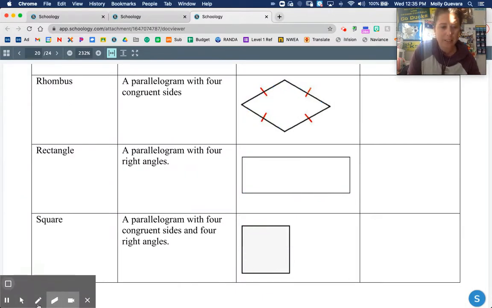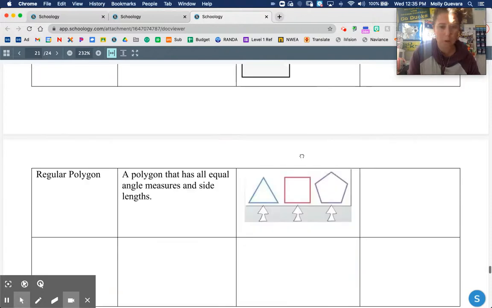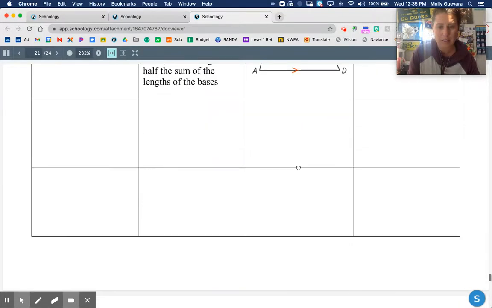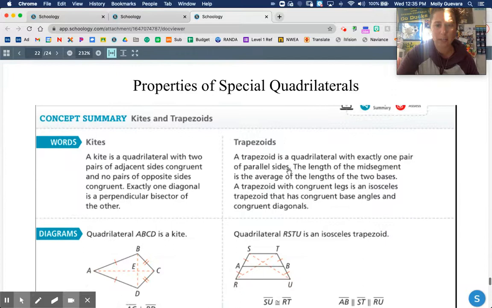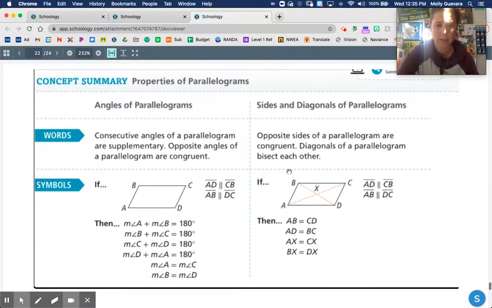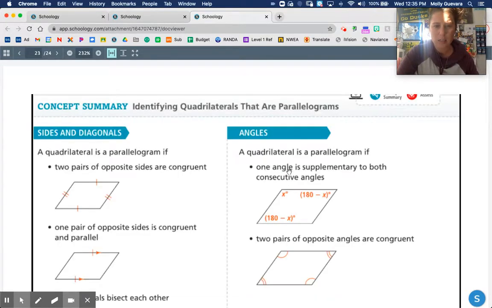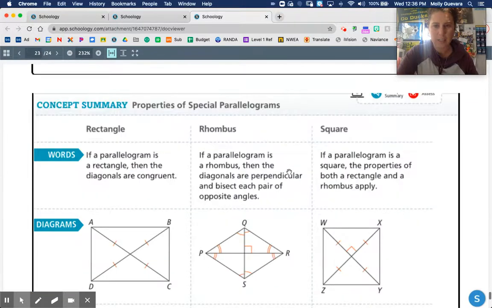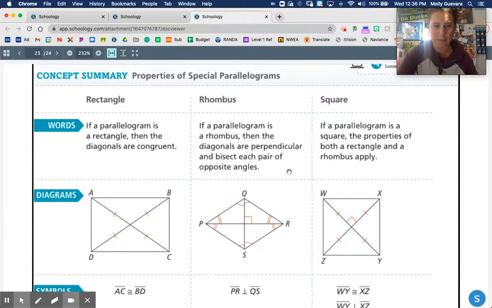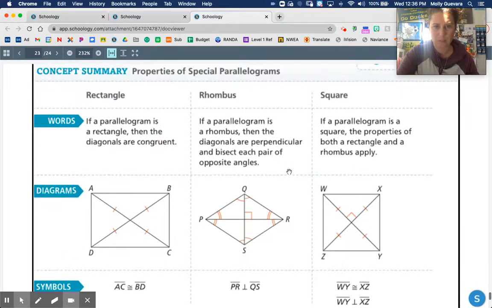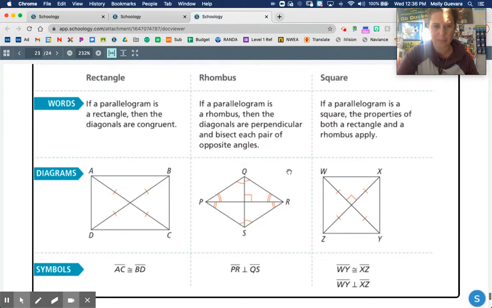So now we're going to go down to our properties of special quadrilaterals. We did parallelograms. So here we are. Today we're looking at rectangles and rhombi and squares. So this is where we are right here. Okay.